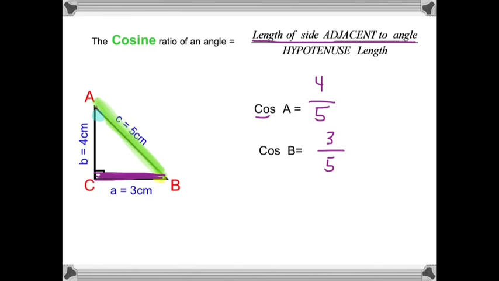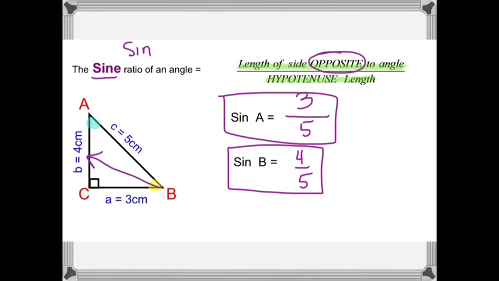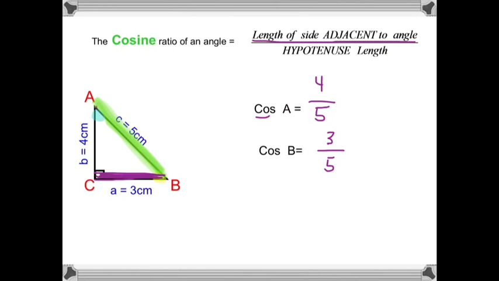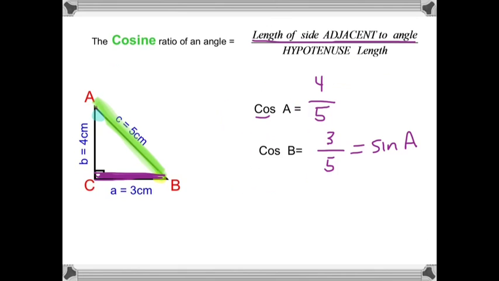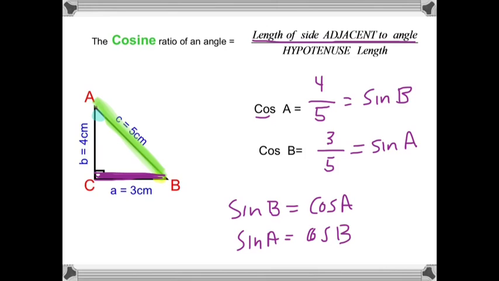One interesting thing to note here is that the sine of A is the same as the cosine of B. And if you look back here, the ratio that was the sine of B is the same as the cosine of A. So that is something that you should write down. The sine of B is equal to the cosine of A, which is the other angle, and the sine of A is equal to the cosine of B.